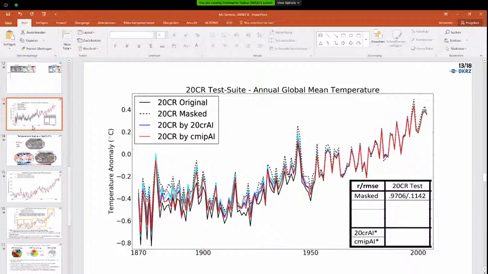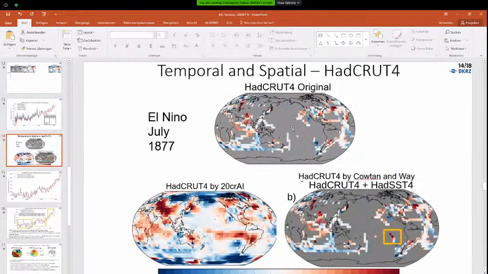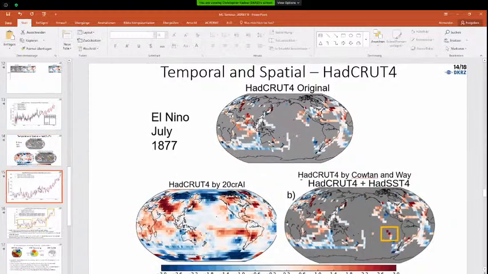The missing values look like this, and you do a field mean and an annual mean on that. There's definitely some information missing, and it's still not perfect.